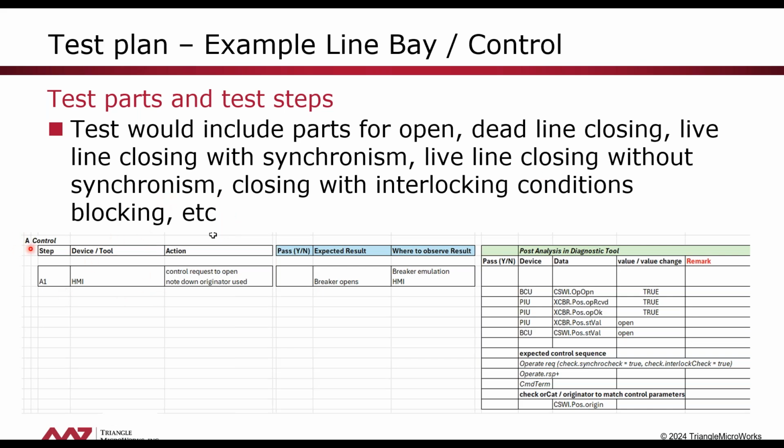For each test part, we had the steps that we had to do on our test tools, and then more or less the analysis on the diagnostic tool, what should have happened if the test was successful. So this test plan helped to go through the tests in a well prepared way, and gave detailed documentation of the test results.